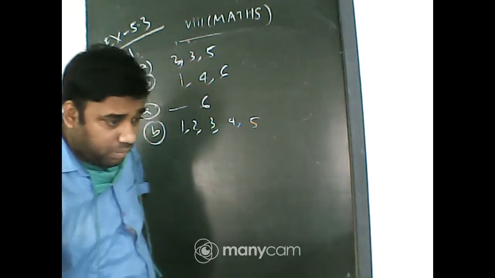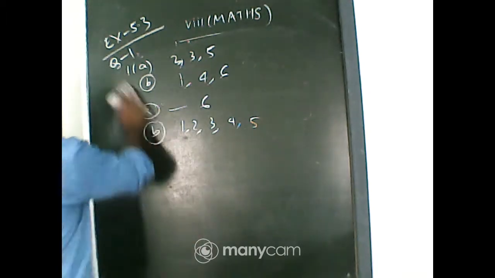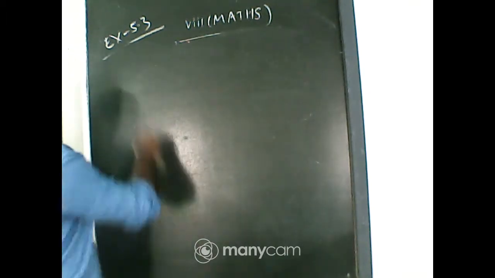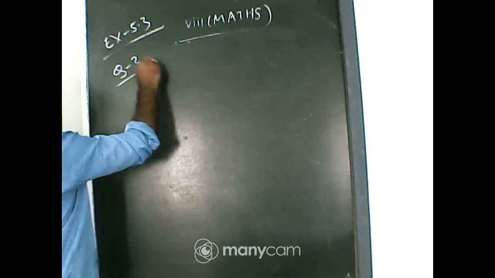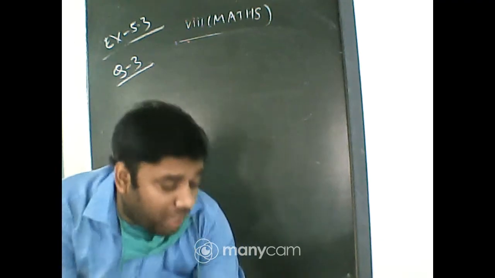Next, question number 3. Now here is the probability. It's very interesting. Probability of a pointer stopping at D. 1A question.